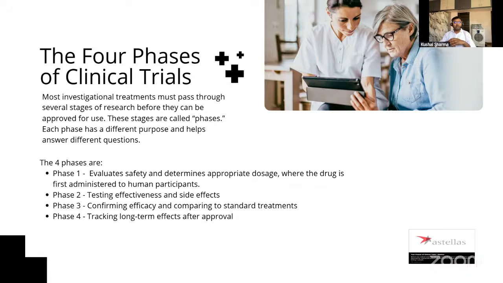Phase 1 evaluates safety and determines appropriate dosage, where the drug is first administered to human participants. Phase 2, testing effectiveness and side effects. Phase 3, confirming efficacy and comparing to standard treatments. Phase 4, tracking long-term effects after approval.